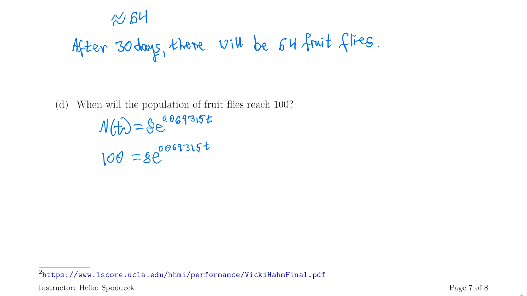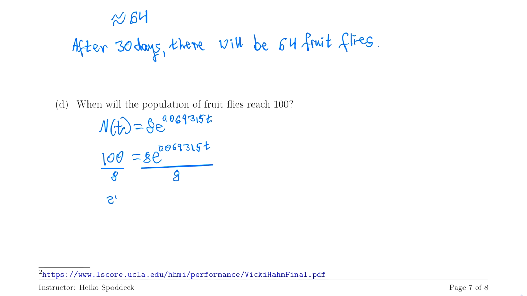So to always keep reminding ourselves, when we want to solve for the variable that is in the exponent, we need a logarithm. Since our base is e, we know we need the natural logarithm, the ln. But before that, we need to have our exponential expression on just one side, so we're dividing both sides by 8.